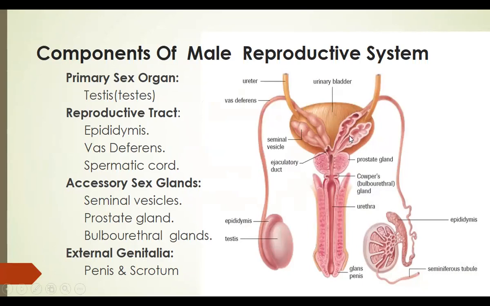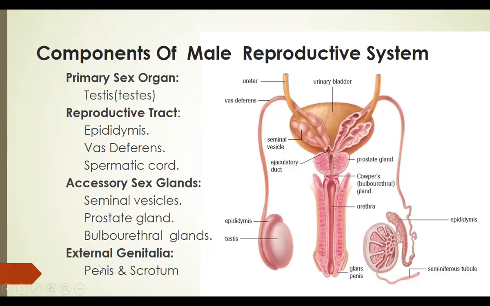Here, this is the cut section of the same. Then the prostate. Here, this is the prostate. Then the bulbourethral glands. These are the small glands here near the apex of the prostate, that is called the bulbourethral gland. They are also called the Cowper's gland. Okay, these are the accessory or secondary sex organs in case of male.